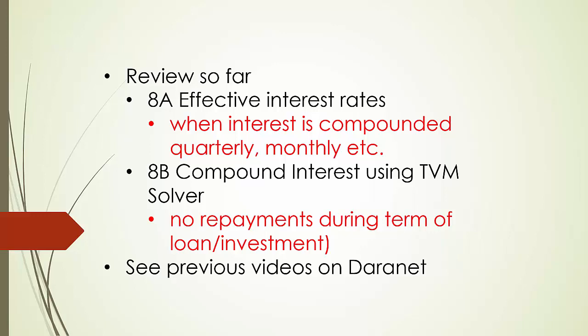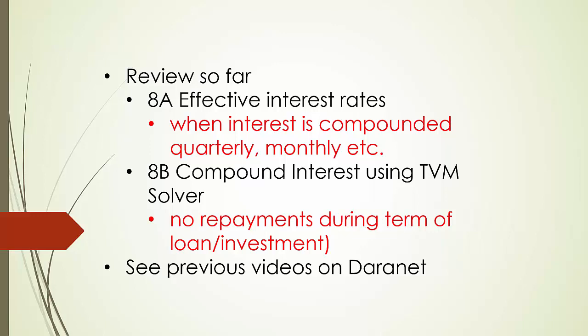The way to do an effective interest rate calculation is using your graphics calculator, apps, finance, and then find effective, which I think is after 9 it goes ABC. Then we looked at 8B, compound interest, using TVM solver. This is just another way of calculating compound interest without using the written formula.